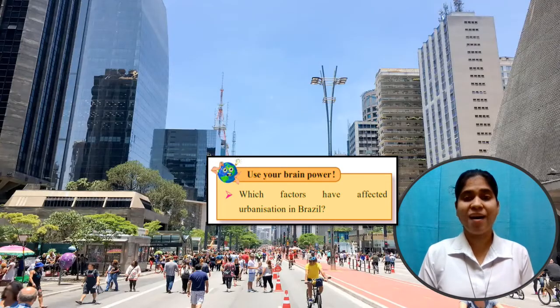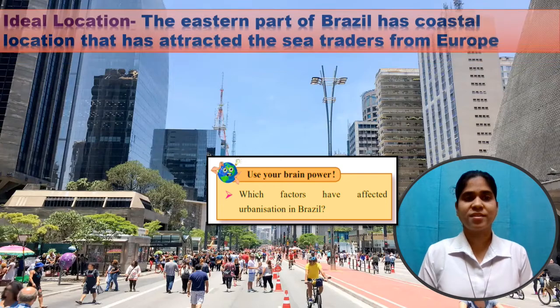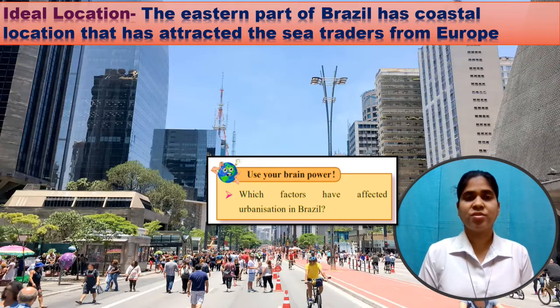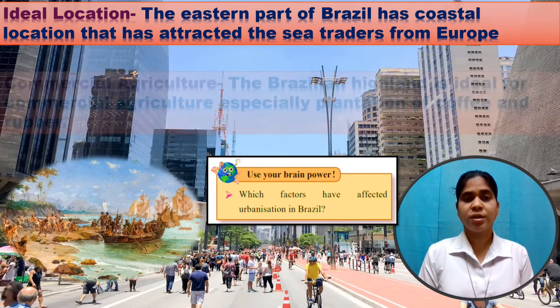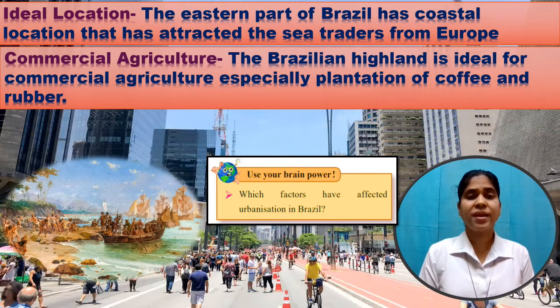Use your brain power. Which factors have affected urbanization in Brazil? First, ideal location. The eastern part of Brazil has a coastal location that has attracted the sea traders from Europe. Second, commercial agriculture.